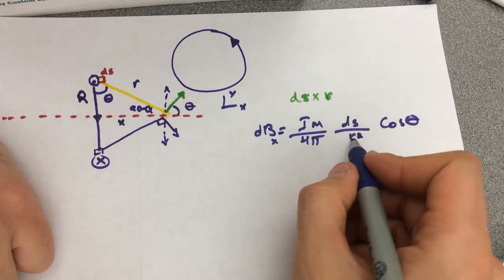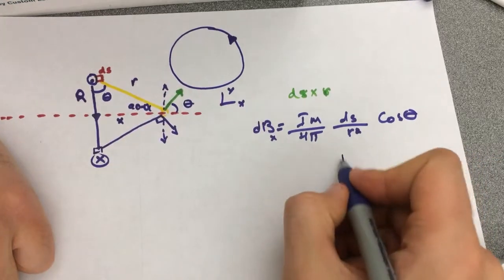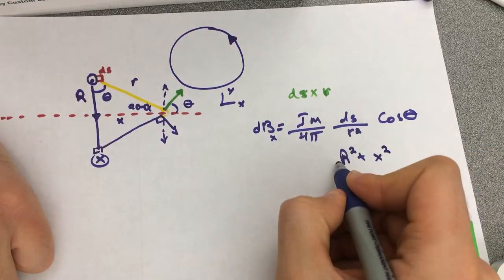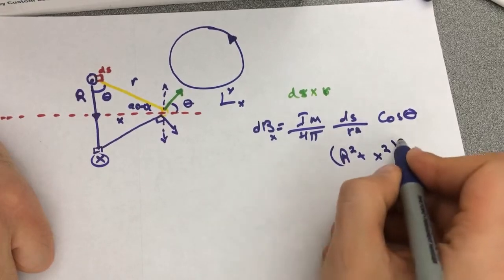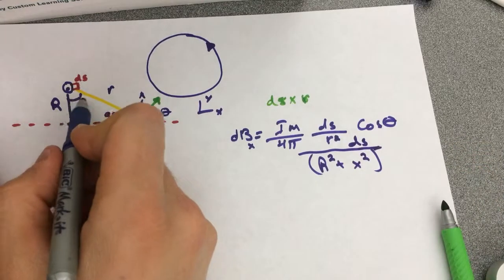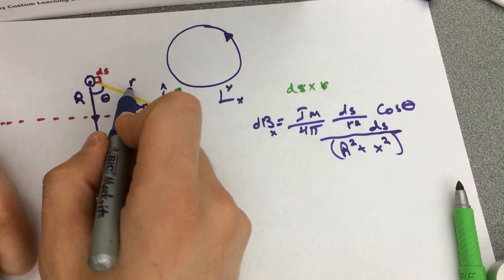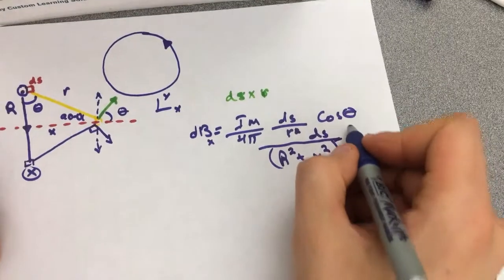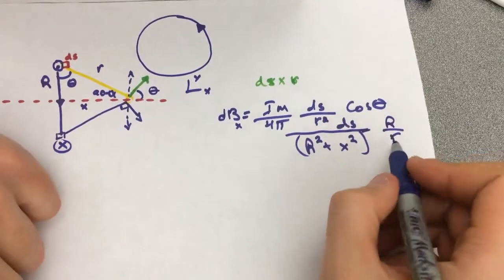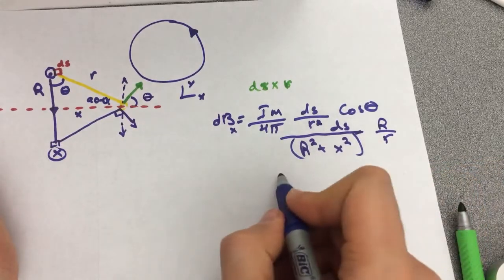So r squared will be, by Pythagoras, R squared plus x squared, right? Then ds, and let's change the cosine. Cosine of theta is the big R over the small r. Let's change this r to the square root of R squared plus x squared. So it's going to look like this now.